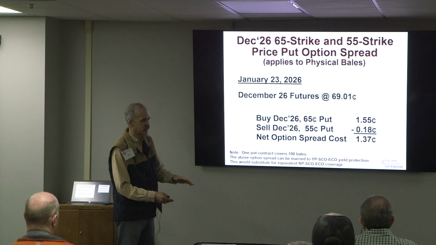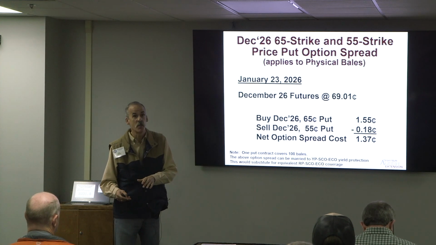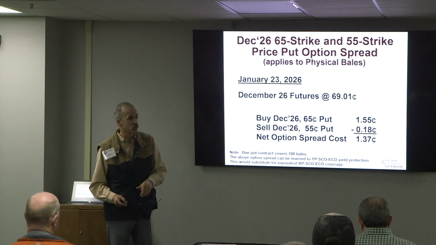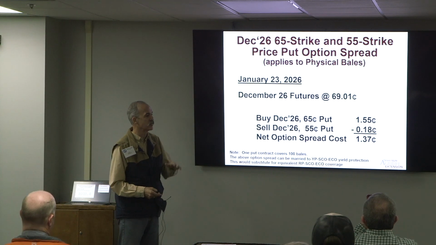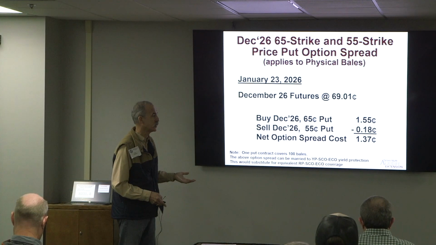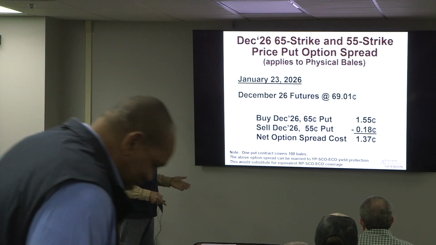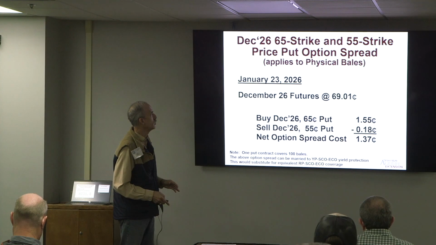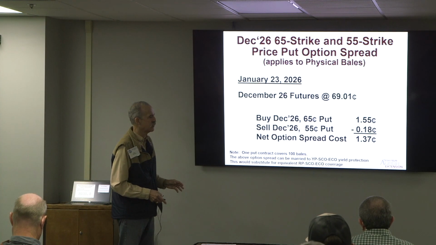And if you did that and combined it with a yield policy, that may or may not be a cheaper approach to hedging revenue from 90% down than using an RP policy. It remains to be seen, but that's one role of using options as a strategy for revenue insurance purposes.